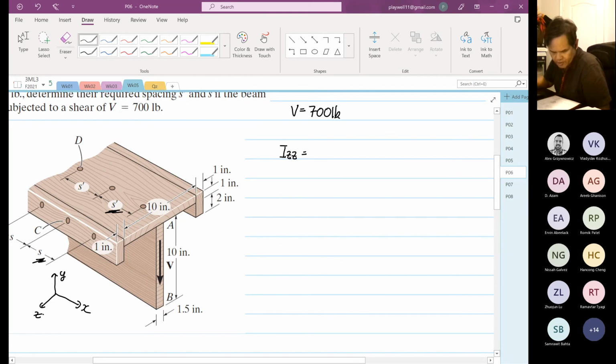It's equal to 337.43 inches to the power 4, and the Y bar is equal to 3.3548 inches, the centroid from the top.